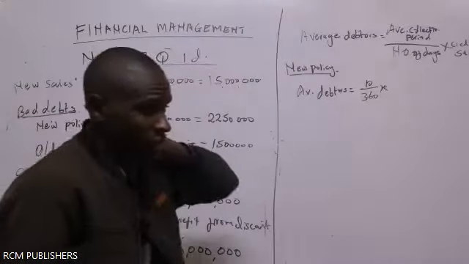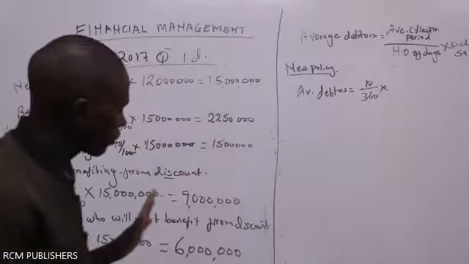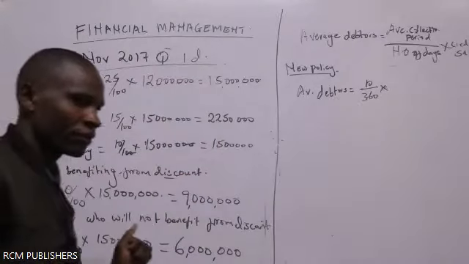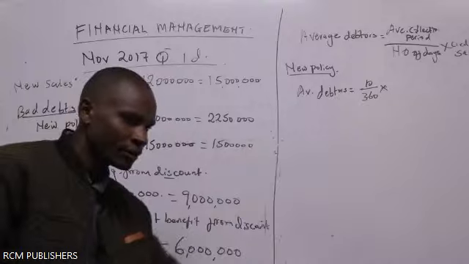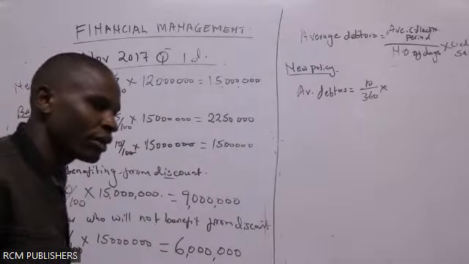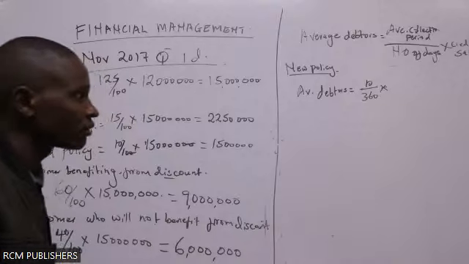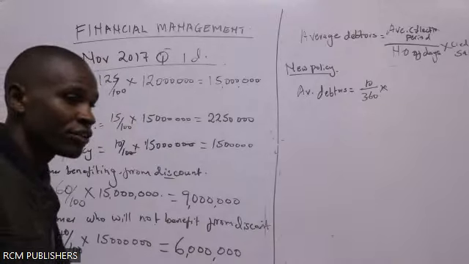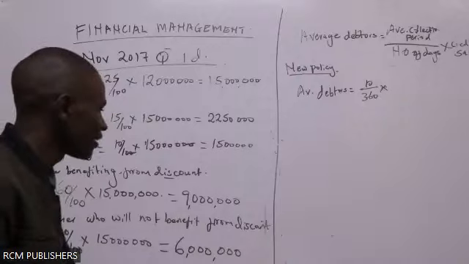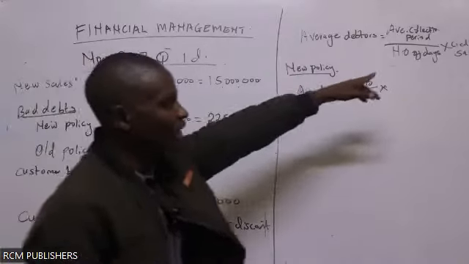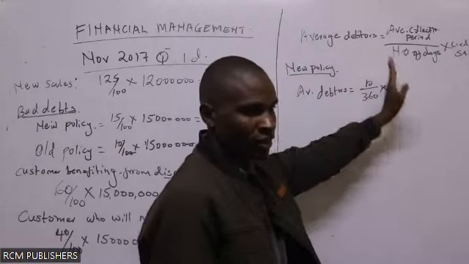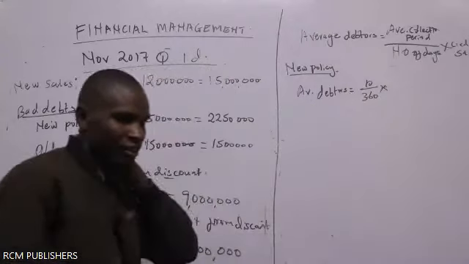You forget which amount to use as a credit sale. It is the sales you made on credit that you expect to be paid early, within the 10 days. I just want you to see our formula times the credit sales. So I need just the credit sale here. What is our credit sale?